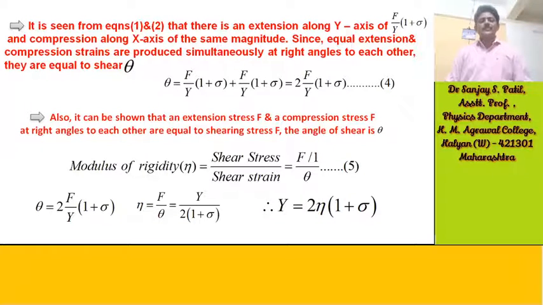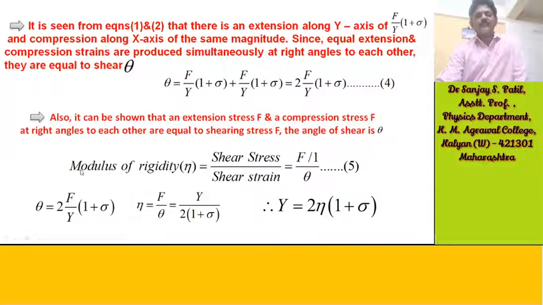Also, it can be shown that an extension stress F and a compression stress F at right angles to each other are equal to shearing stress F. The angle of shear is theta. So from that, modulus of rigidity, which is denoted with the letter eta, is equal to shear stress divided by shear strain.